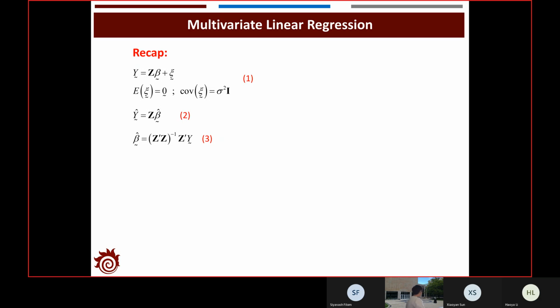And then we have the description of the random term: mean 0, covariance equal to sigma squared times I. And we know that y hat equals z times beta hat, and beta hat equals z transpose z inverse times z transpose y. These are the features we either assumed or obtained from the multivariate linear regression.